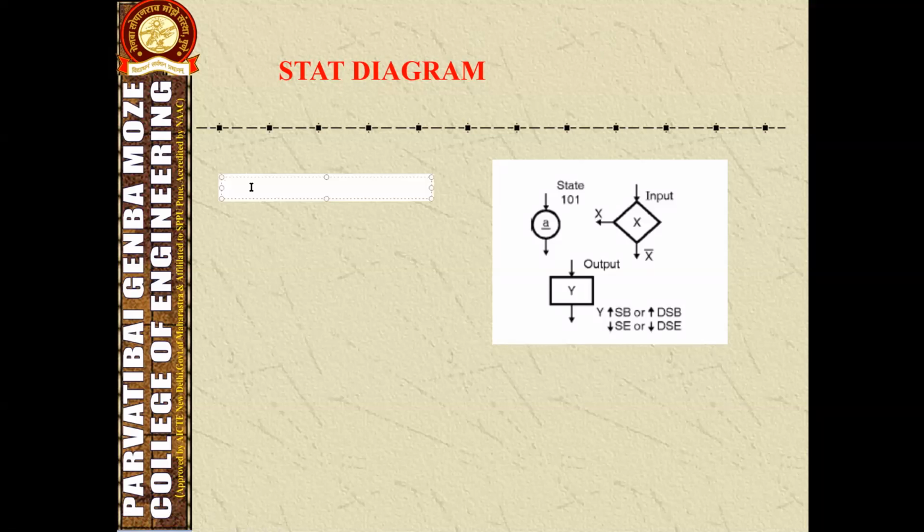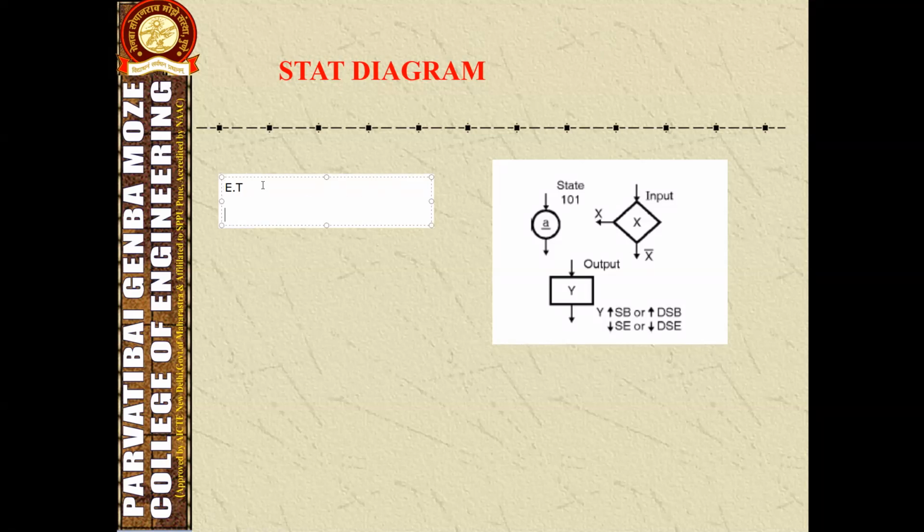So let's see how to construct the state diagram for a D flip-flop. For the state diagram, we require the excitation table. So this is the excitation table.